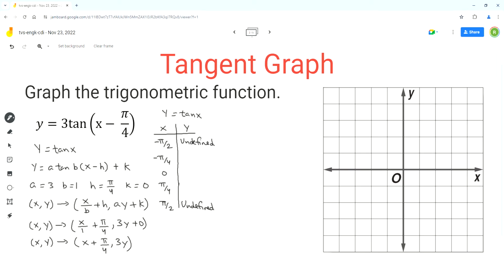The other y values are shown here. Next, we can use this table of values to write the table of values for the transformed tangent function, and for that we'll use the mapping rule or mapping formula.